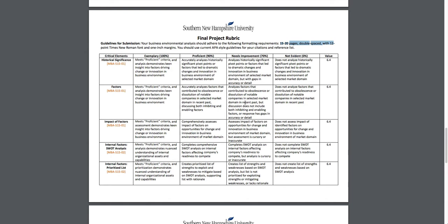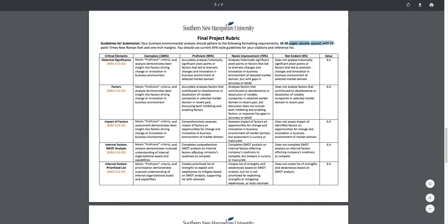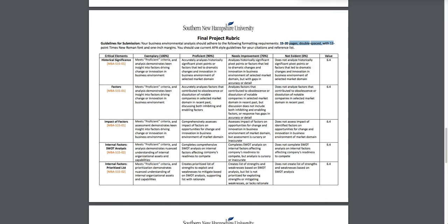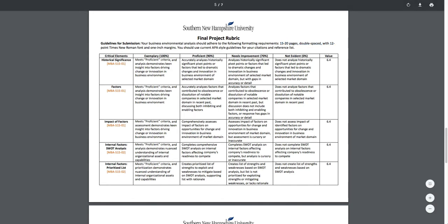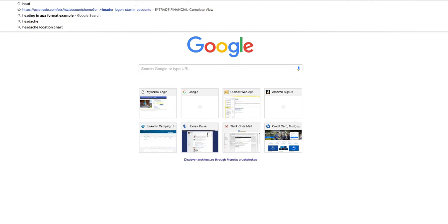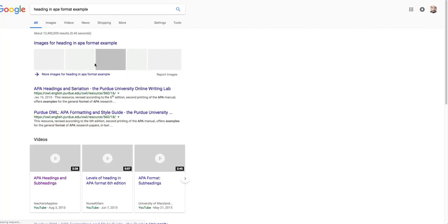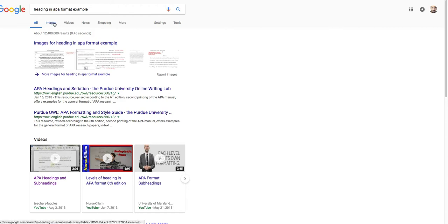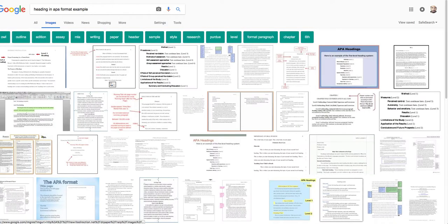Now, here is a big heads up. The best way to complete any assignment like this is to 100% use headings, okay? I've already talked about headings in APA format, and I've even given examples of that. So let's take a quick look at some images here for headings.